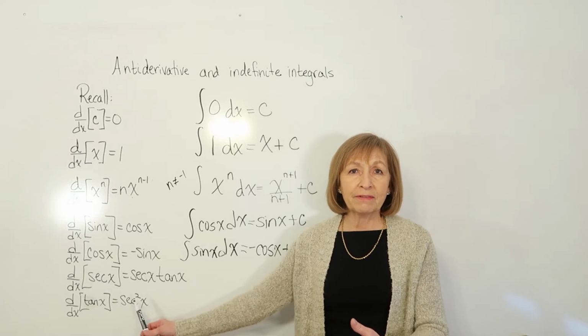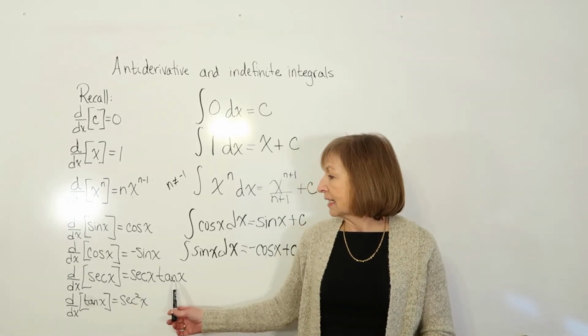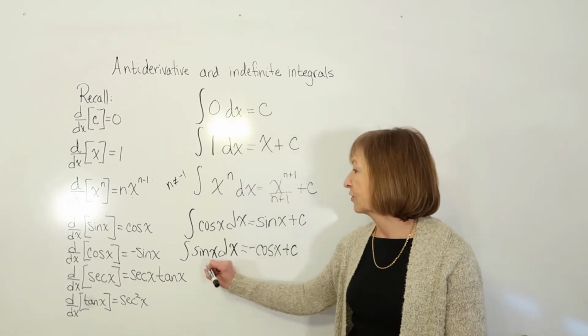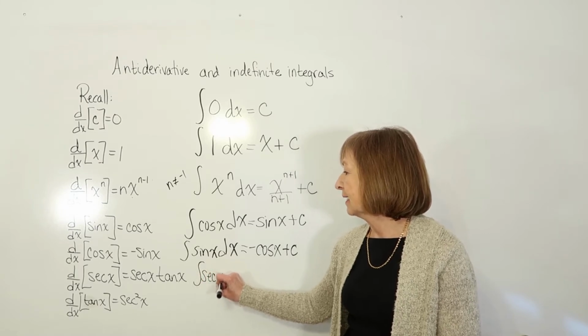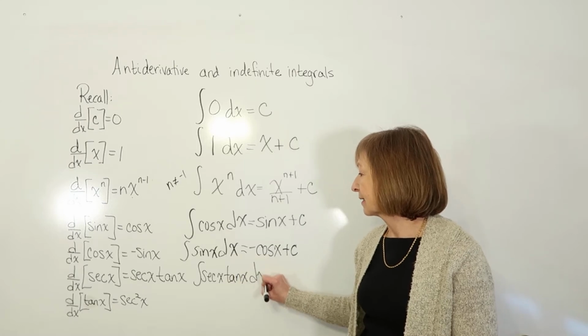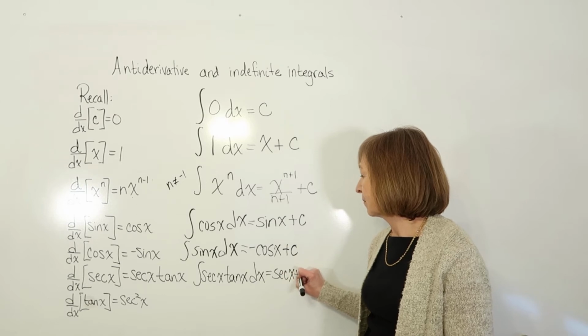So when I see this integral of secant x tangent x, that just goes back to the trig function secant x. So the integral of secant x tangent x dx is equal to secant x, and then plus c.